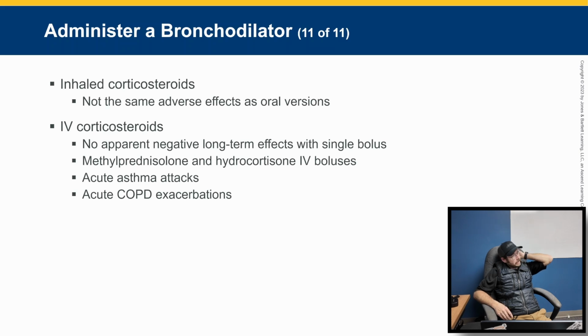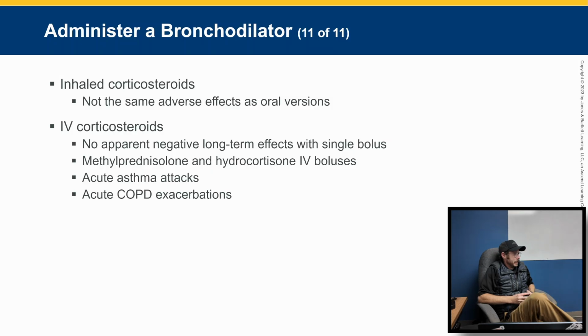So you can do inhaled steroids. We don't have inhaled corticosteroids, but there are things like the Advair and things like that. Those are inhaled corticosteroids. The thing about the inhaled corticosteroids is they do not have the same depression of the immune system effects as the IV corticosteroids do.